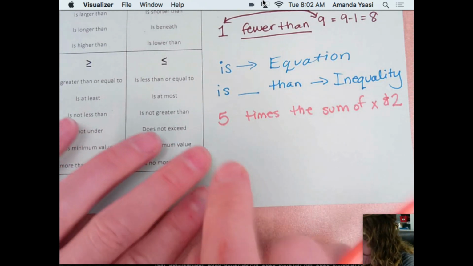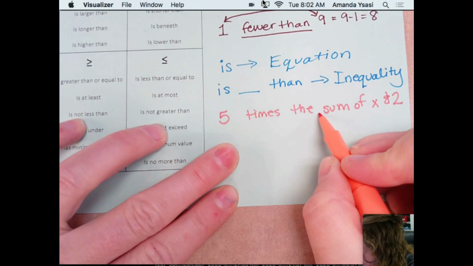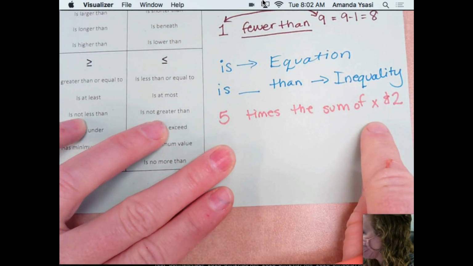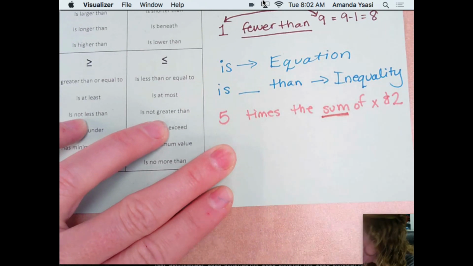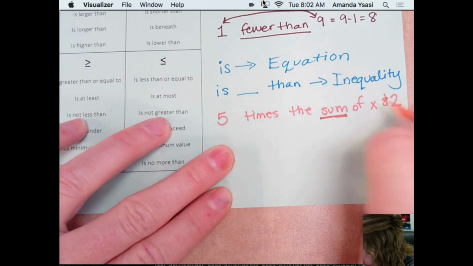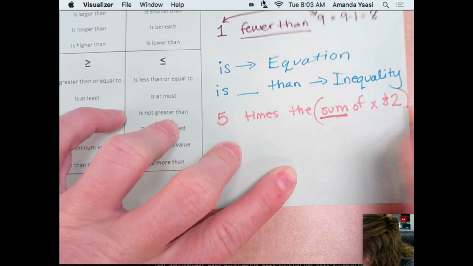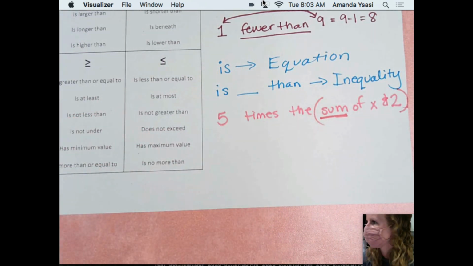So what that means is you're doing 5 times the sum. So not 5 times x. You're multiplying 5 times the sum. The sum of x and 2. So that's whenever you put parentheses around the sum of x and 2.